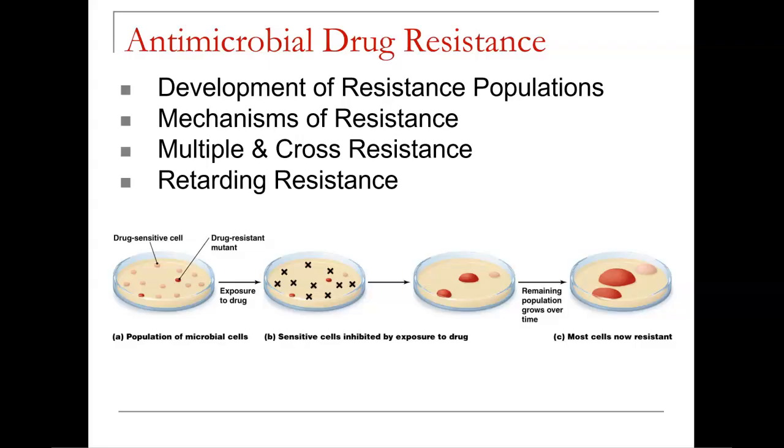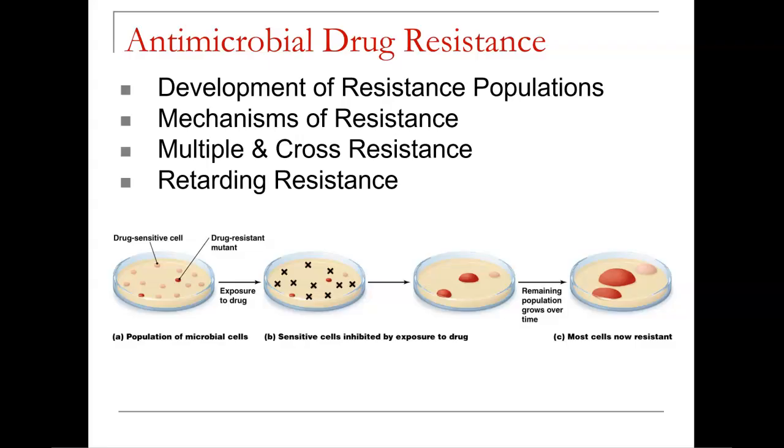Fourth, it could alter metabolic chemistry and pathways. Fifth, it could pump antimicrobial drugs out of the cell before they can act. Sixth, development of biofilms, which retard drug diffusion and slow metabolic rate. And seventh, it protects the targets of an antimicrobial drug to inhibit its binding or to inhibit those proteins that help it to enter.